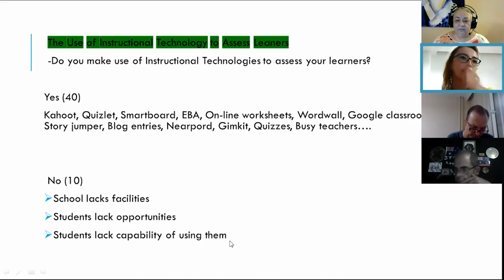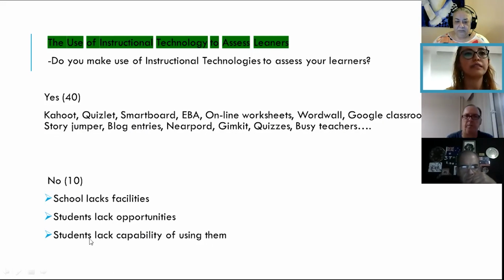These were the reasons of 10 teachers who said that they don't use instructional technology to assess learners. I don't know how students lack capability of using them, because they are digital natives indeed, but of course there may be some regions, some cities, some villages that students may not have the capability.